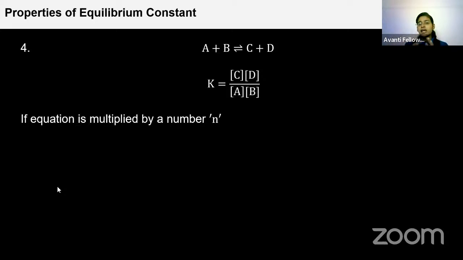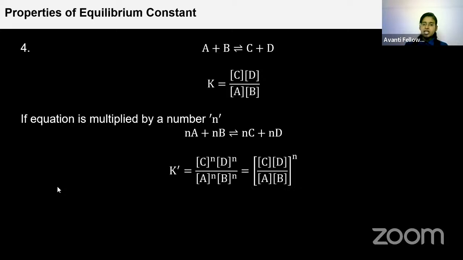If I multiply the equation by any number, I will get a new equation like this: nA plus nB giving nC plus nD. So n is the stoichiometric coefficient. While writing the equilibrium constant, we have to write the stoichiometric coefficient in the superscript. So the new equilibrium constant K dash will be equal to C power n D power n divided by A power n B power n. Since n is common for all, we can write it like this.